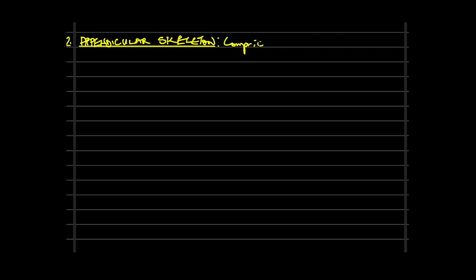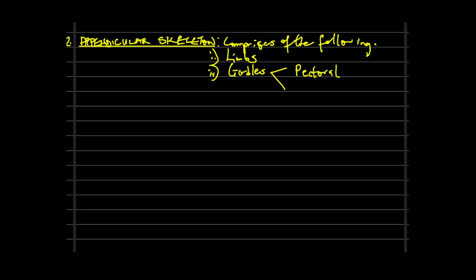The appendicular skeleton comprises of the following. We have the limbs, and then we have the girdles. There are two types of girdle here: we have the pectoral girdle, and we also have the pelvic girdle.